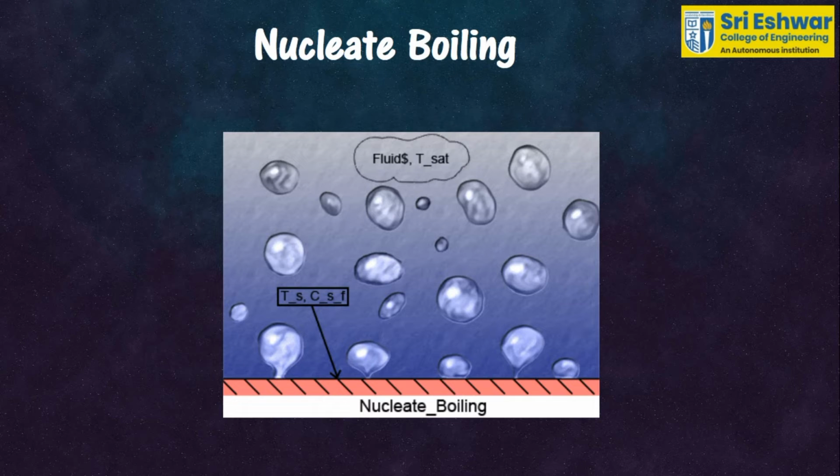Next is nucleate boiling. The most common type of local boiling encountered in nuclear facilities is nucleate boiling. In nucleate boiling, steam bubbles form at the heat transfer surface and then break away and are carried into the main stream of fluid.